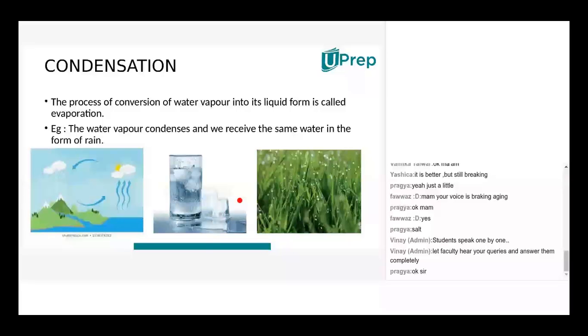When the water vapor present in the atmosphere comes in contact with the tumbler containing cold water, it loses its energy. Am I right? It loses its energy and the surroundings absorb the energy. By this process of losing and gaining energy, droplets form on the surface of the tumbler. Understood or not?